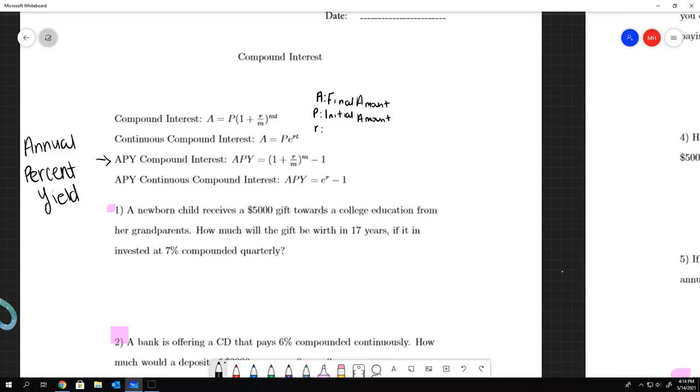R is the interest rate. We do need a decimal when we put it into our equation. M, you guys are used to seeing N, so you could say M or N. N is the number of times compounded. And T is time.